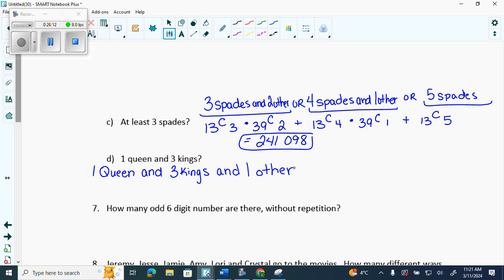So we're going to have 4 queens choose 1, and 4 kings choose 3. Then I do 52, take off the kings, take off the queens, right? So what's 52 minus 8? 44, choose 1. So it should be 4 times 44. Is it 704? Yes.